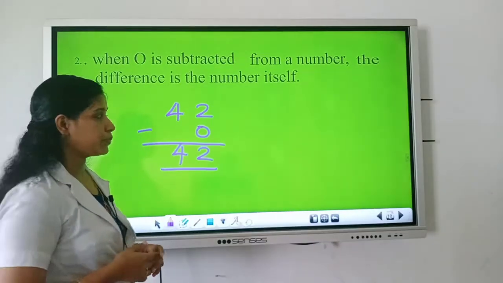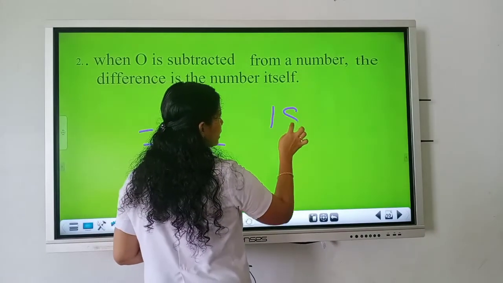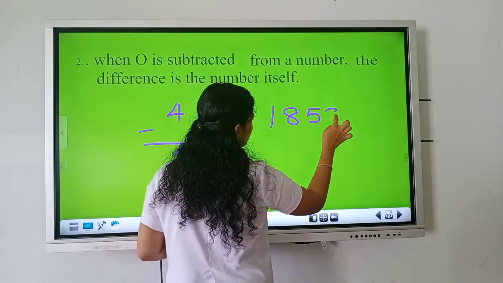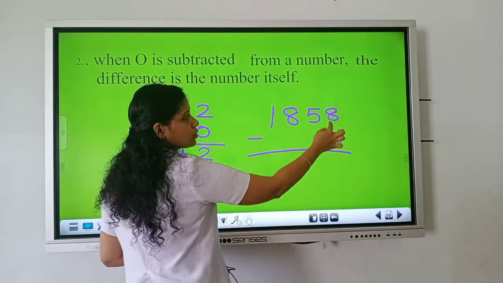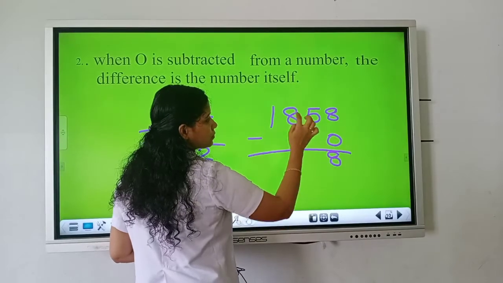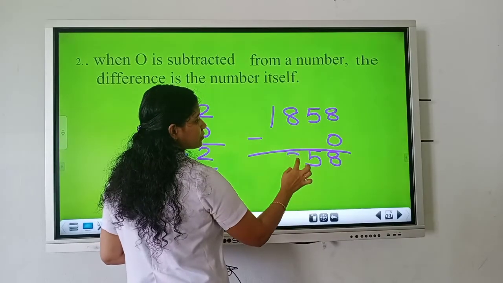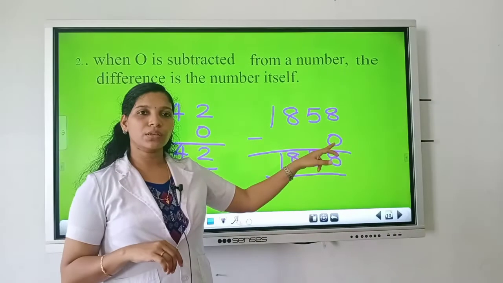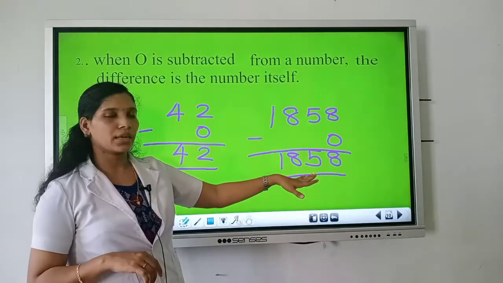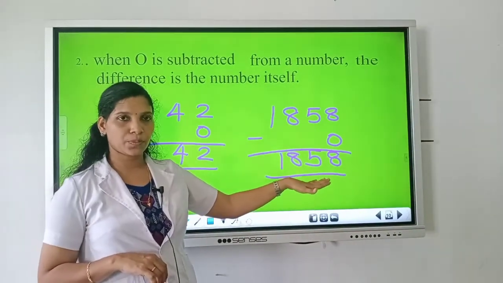Let's see another example. 1858 minus 0. So the number from which you subtracted 0, after subtraction you are getting the number itself.